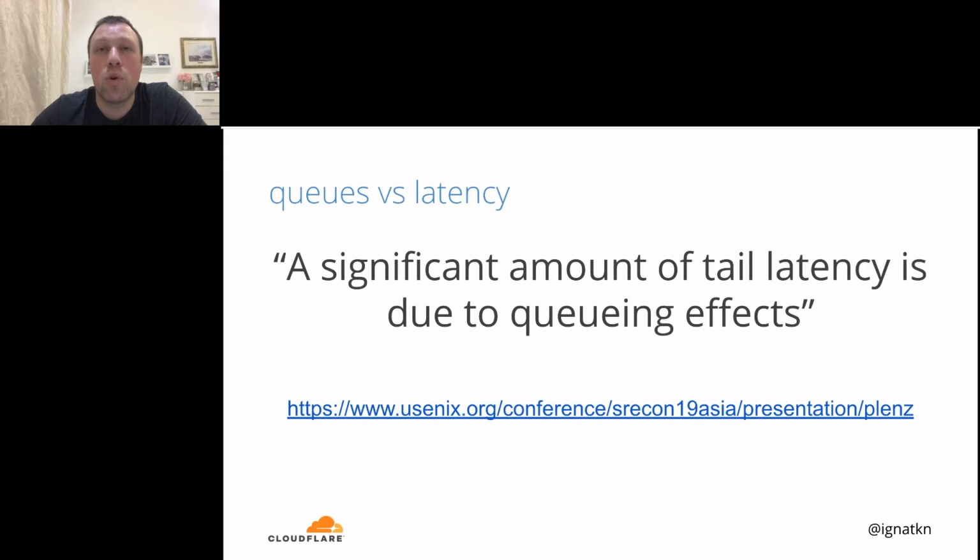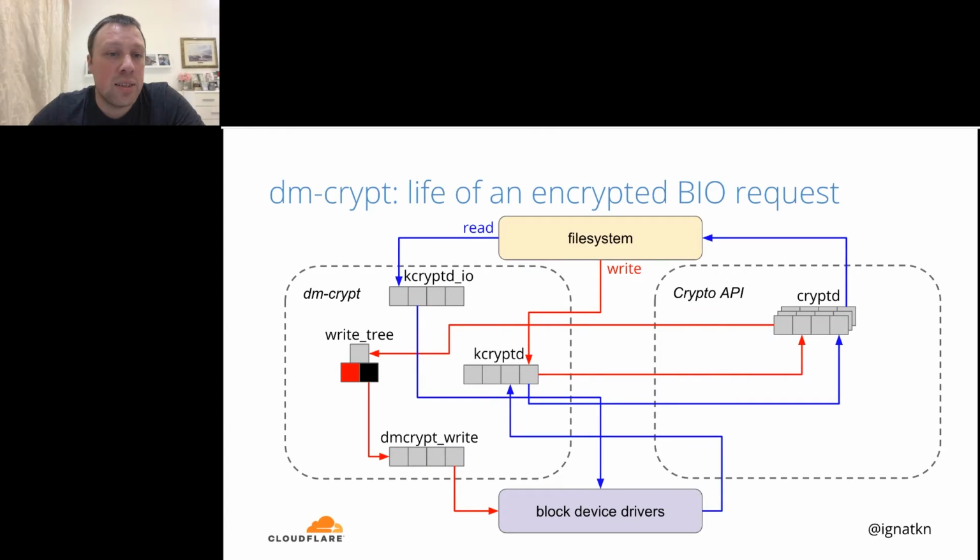This presentation was more generic, and it was about the dependency of tail latency with respect to queues in complex systems. It's a very interesting presentation on its own, and I strongly advise everyone to watch it. It's quite short, 20 minutes, but very compact and precise. One of the takeaways I took from there is that a significant amount of tail latency is due to queuing effects. And this kind of is the case here.